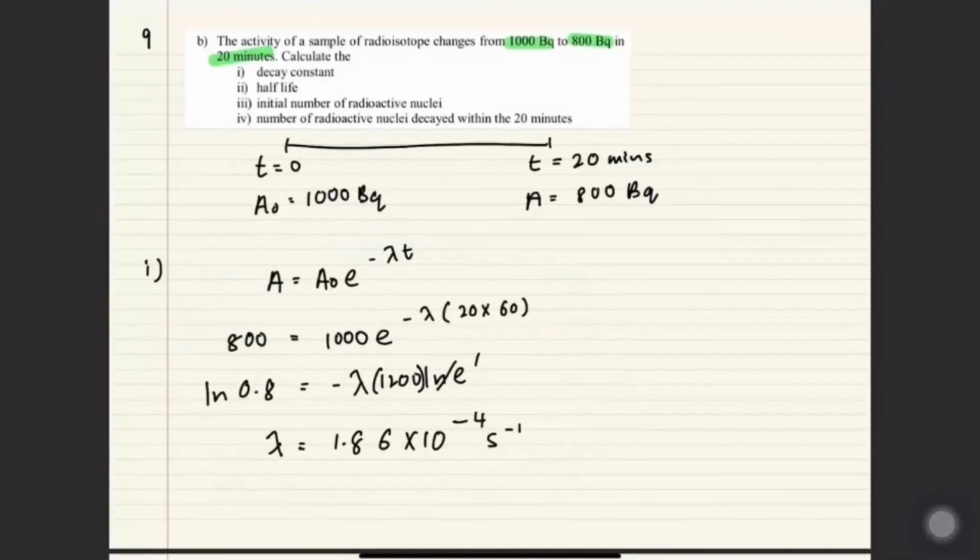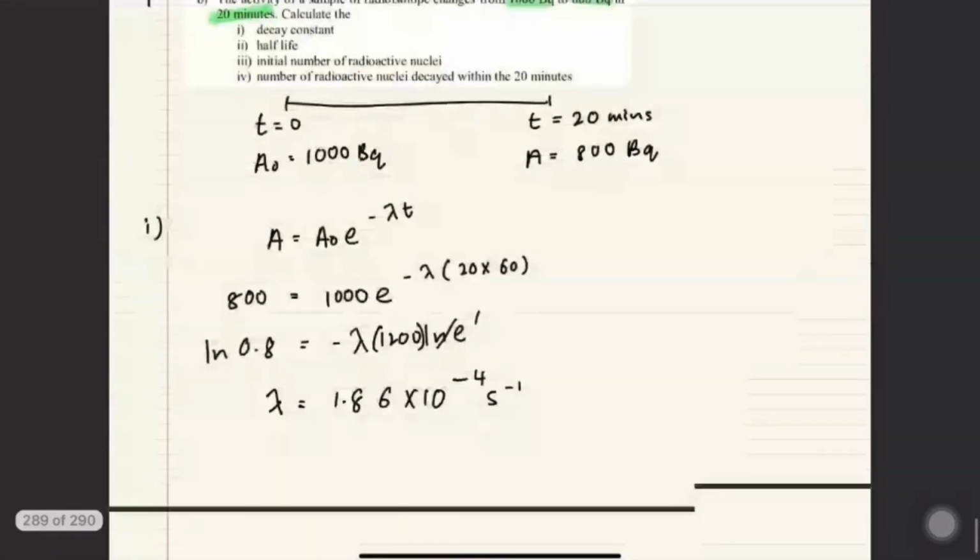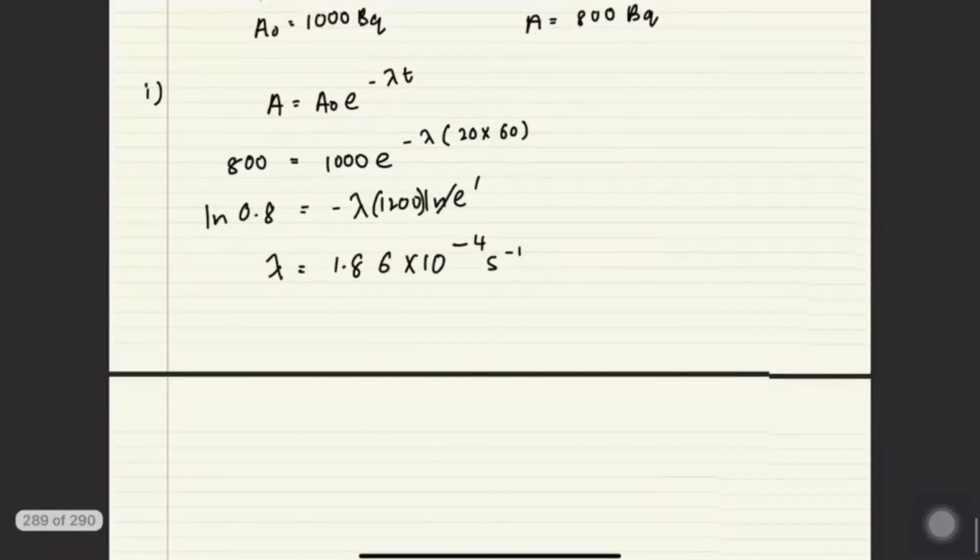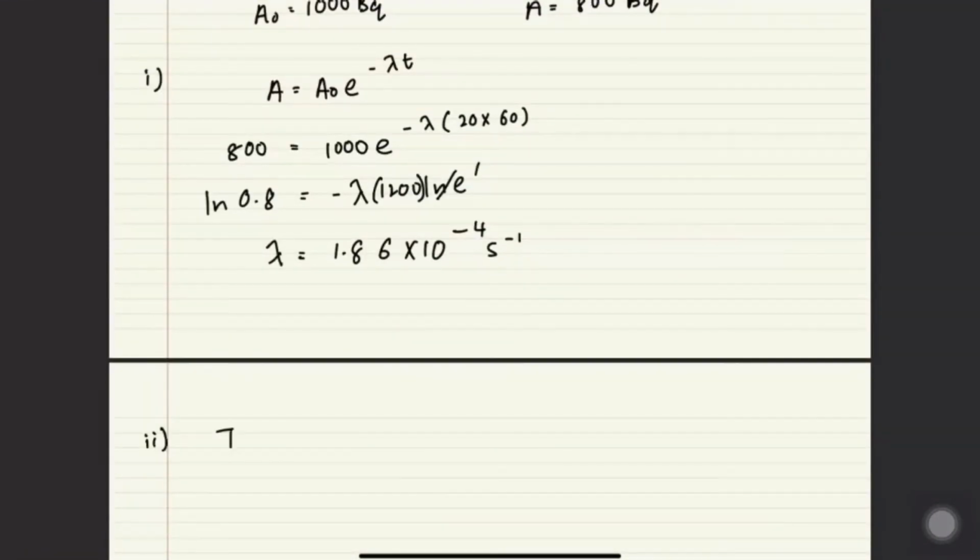Okay, the next question, they want to find the half-life. So, kamu dari lambda senang lah. So, t half is equals to ln 2 divided by lambda.